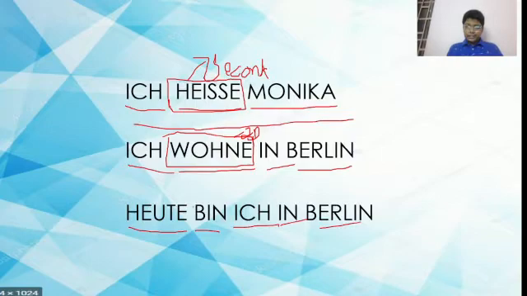In this sentence, as there's a rule that the verb will always be in the second position, ich is in the third position and bin is in the second position, which is a verb.